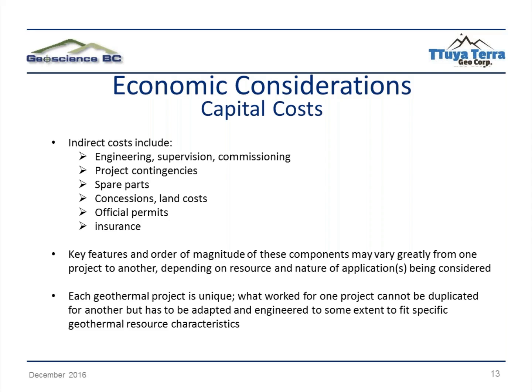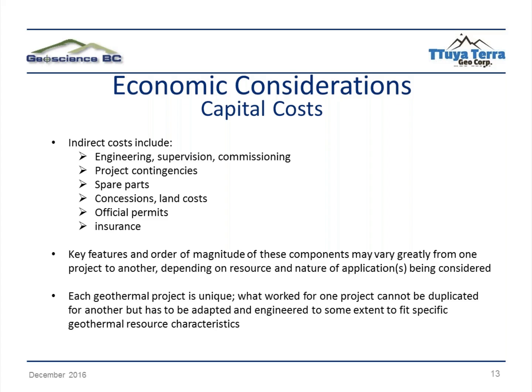Now, we have to remember there are indirect costs. So in the case of buying a piece of equipment, we have a physical object, but we have to remember that that physical object requires a lot of different costs behind it. You had to engineer it, to figure out that it is the correct piece of equipment.